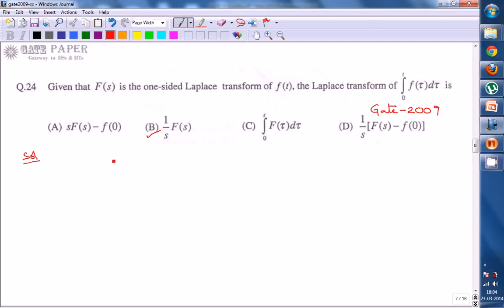So coming to the solution, given that the unilateral Laplace transform of f(t) is F(s), then we need the value of the integral from 0 to t of f(τ) dτ now.